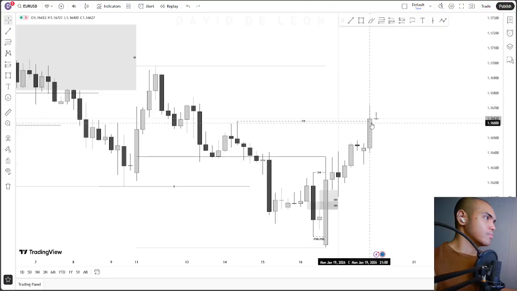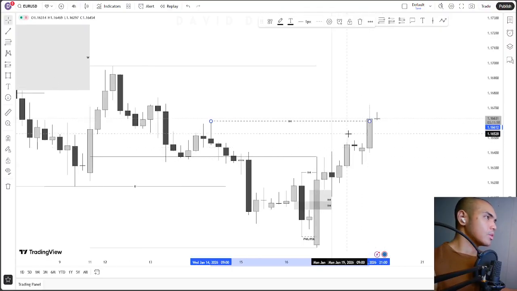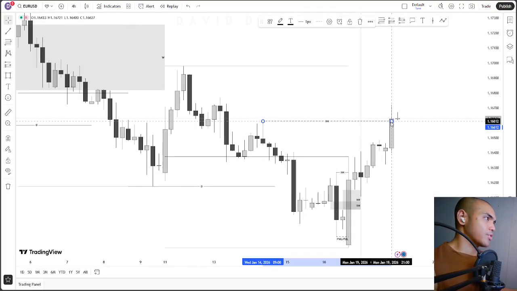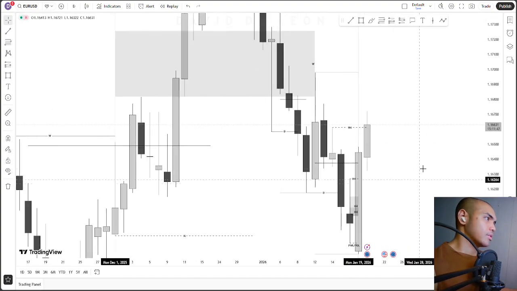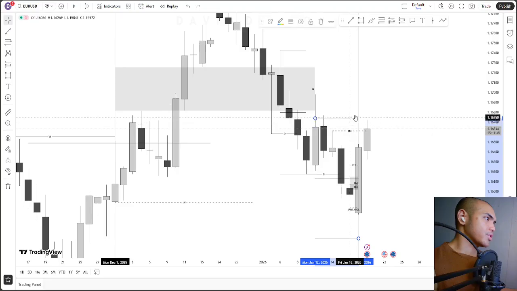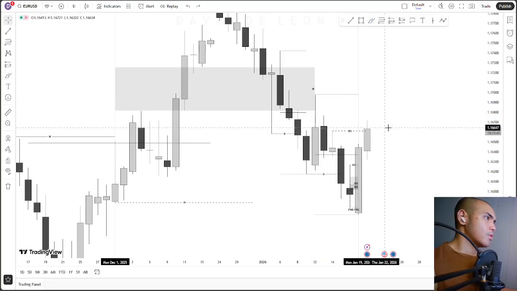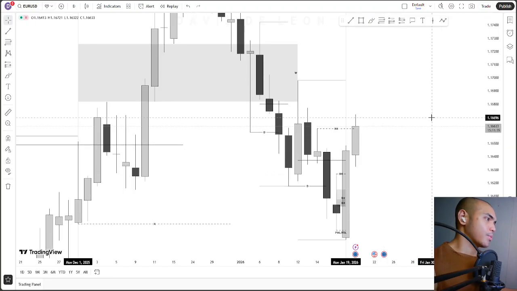And also this H4 buy side liquidity that lies in the premium of this daily bearish structure, this one, has also gotten reached at this point.